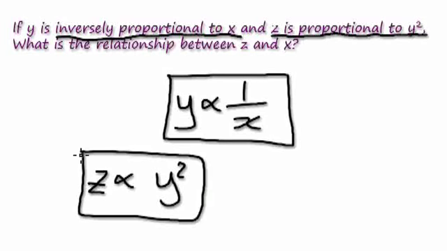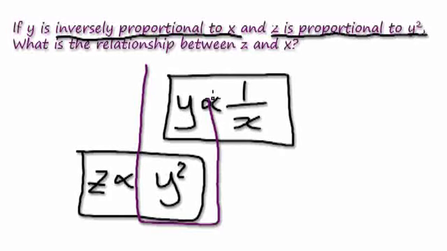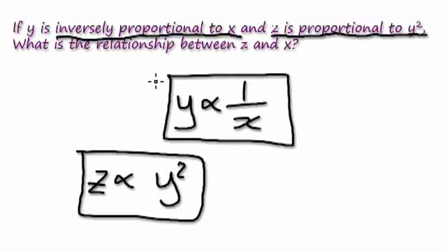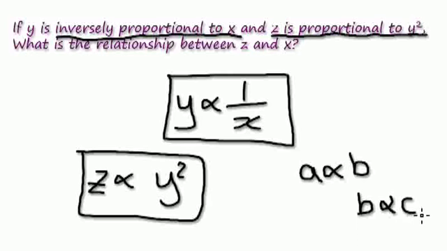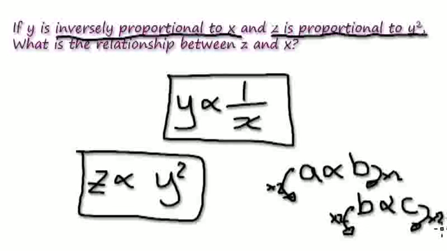Here you've been given two statements, but there's a connection in between. It's just like me saying, if A is proportional to B, and somewhere else I say B is proportional to C, then as A goes up, let's say you times it by 2, B gets timed by 2 as well, which means C gets multiplied by 2.